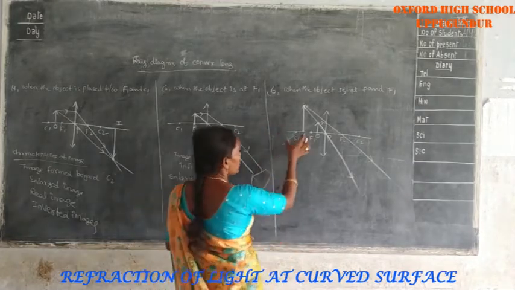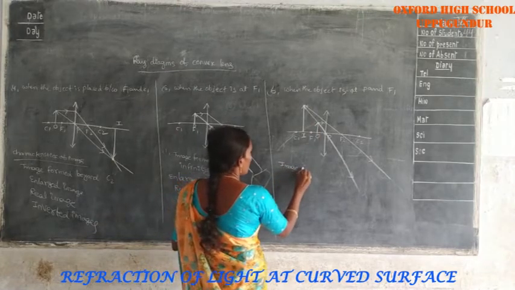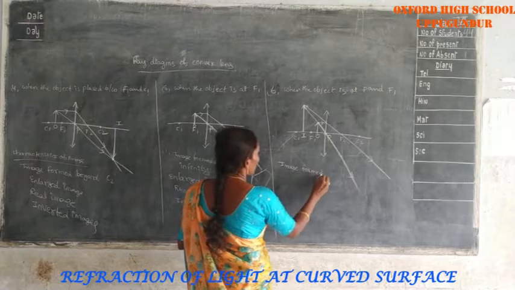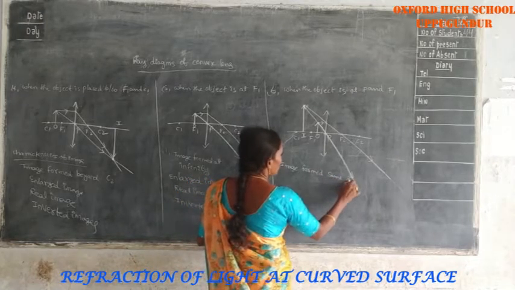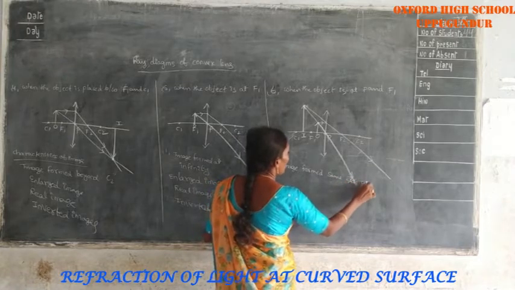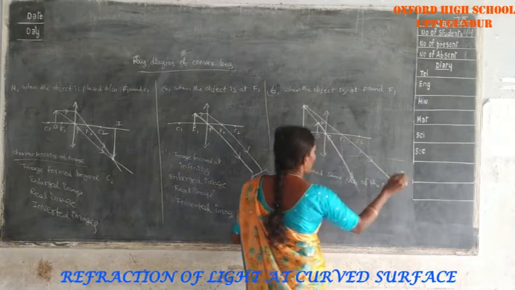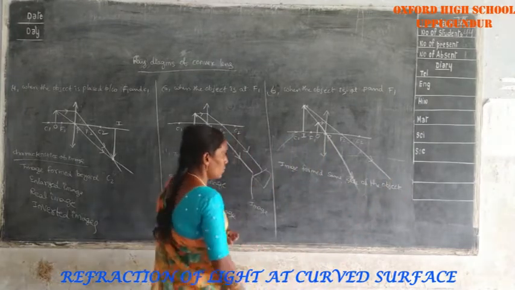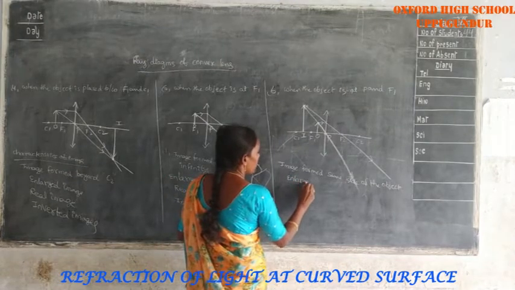What are the characteristics of this image? The image should be formed on the same side of the object. Next, it is an enlarged image or magnified image.